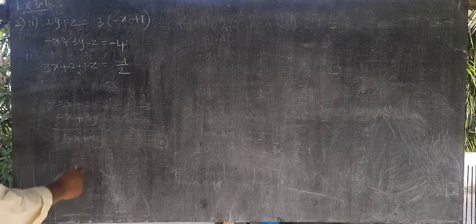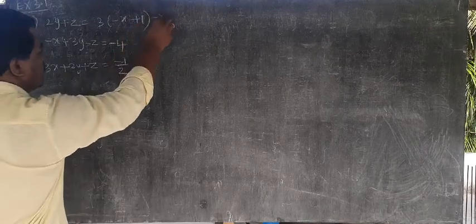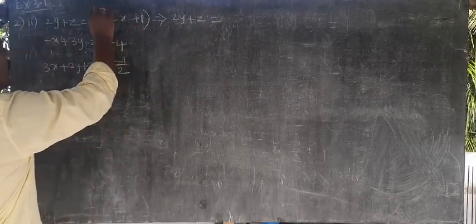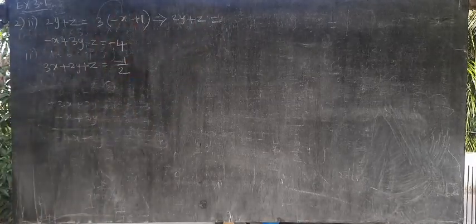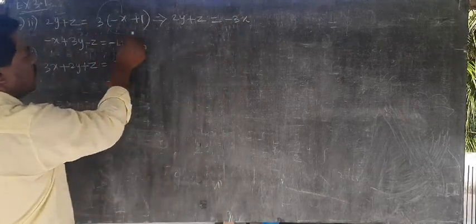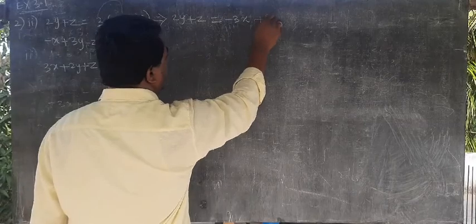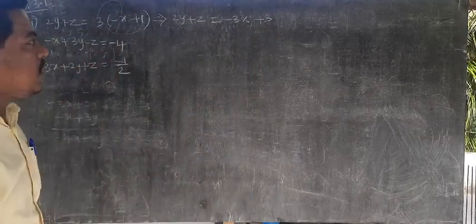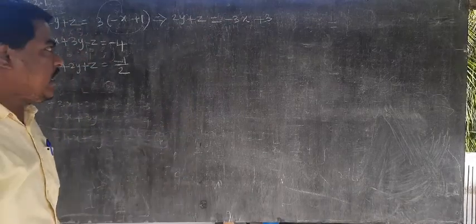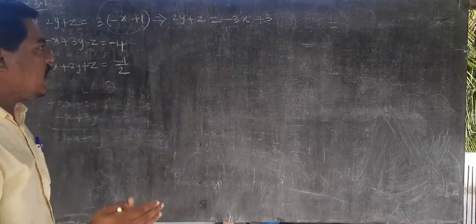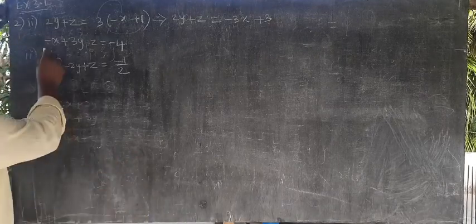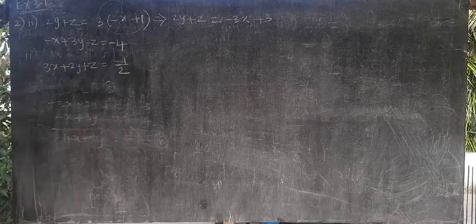So what I am doing, 2y plus z equal to 3 into minus x, minus 3x, 3 into 1, 3. I take this 3x to this side, which means we get plus 3x. So I convert it so that one side is fully variables and the other side is constant.